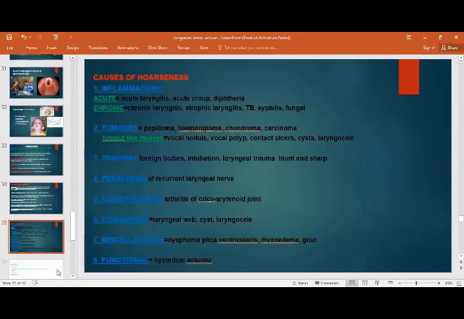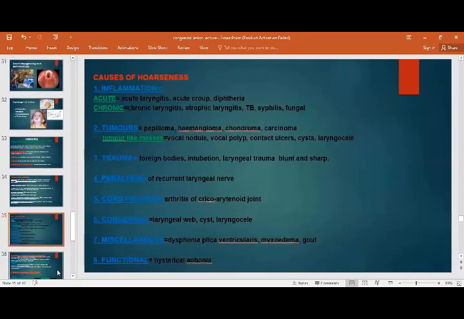The causes, again, include inflammation, one of the most important causes, like acute laryngitis, croup, chronic laryngitis, tumors, papillomas, hemangiomas. Then vocal nodules and polyps are very important in those patients who basically abuse and misuse their voice.